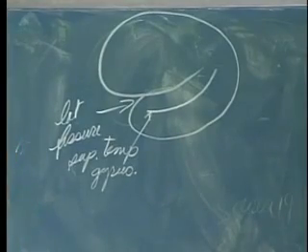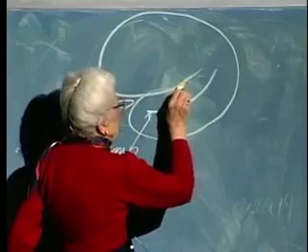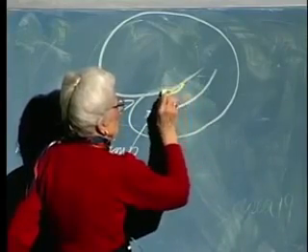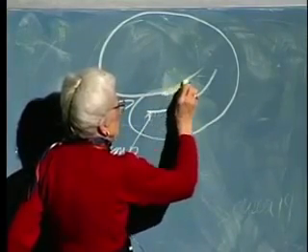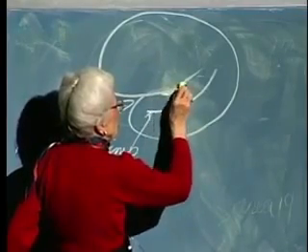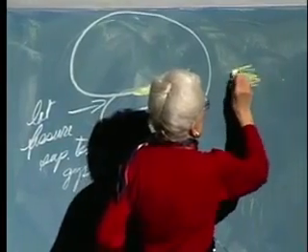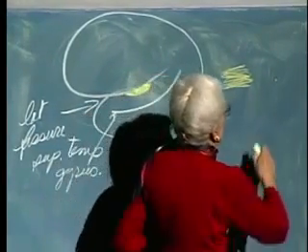And now we can put in an area on the superior temporal gyrus which will be your primary auditory cortex.